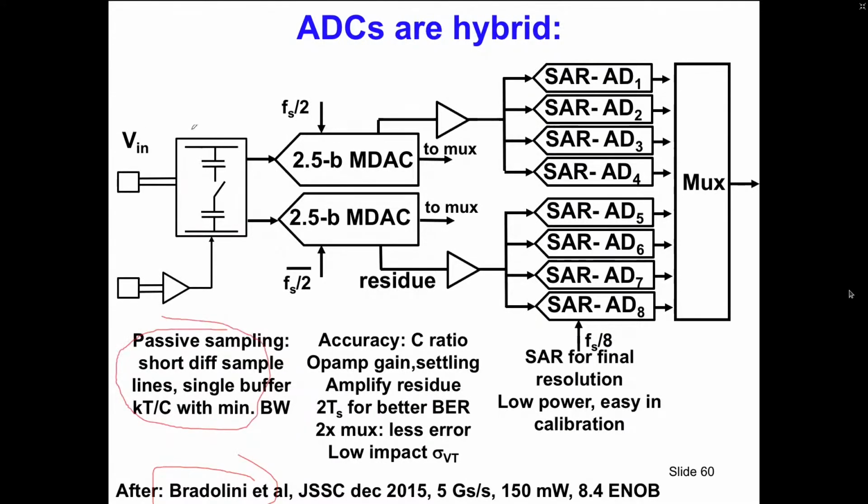So no op-amps, just as with my student, we avoided any active manipulation on the circuit, but basically differential sampling, optimized for kT/C noise, and make sure that your bandwidth is adapted. Then here, a ping pong structure, which basically is the nickname of a 2 times interleave.